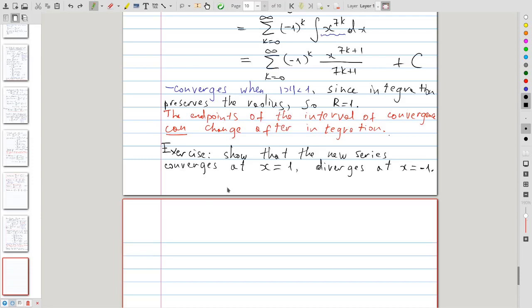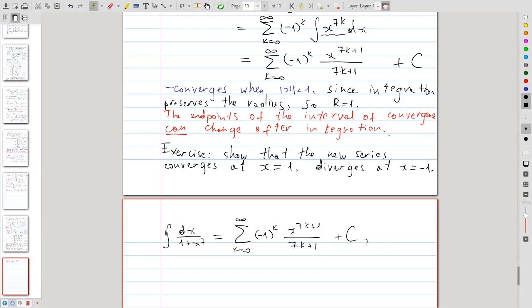Finally, let us write down the answer to this example. So we have computed the antiderivative of 1 over 1 plus x to the 7th in the form of a power series, the sum of minus 1 to the k, x to the 7k plus 1 over 7k plus 1, and plus the integration constant.